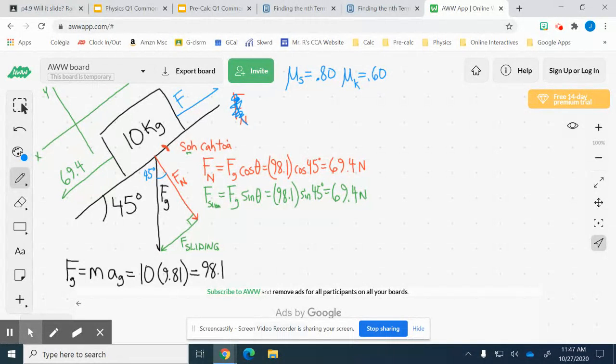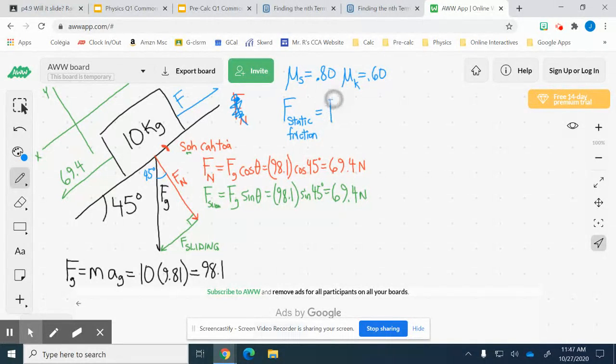Okay, I do. So the force of static friction is going to equal the normal force, which is the force of the block and the ramp pressing on each other. So it's how hard they're pressing on each other, right?